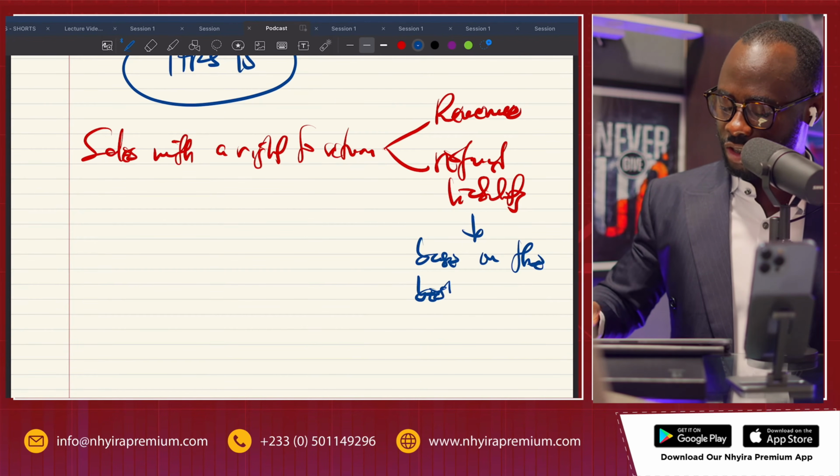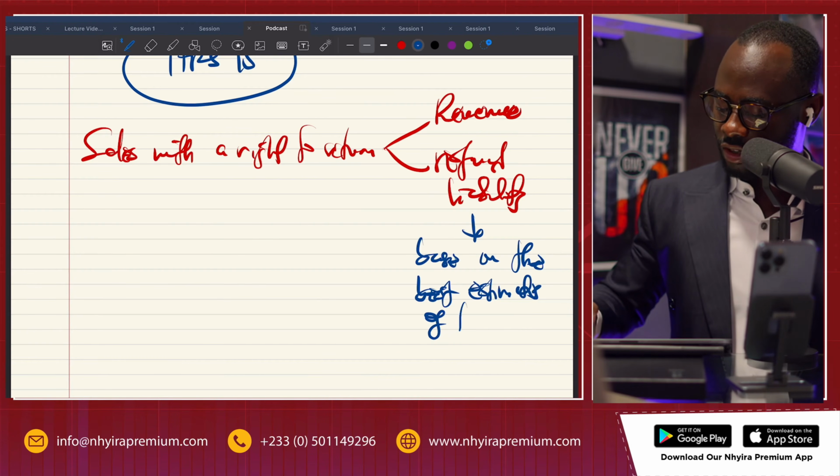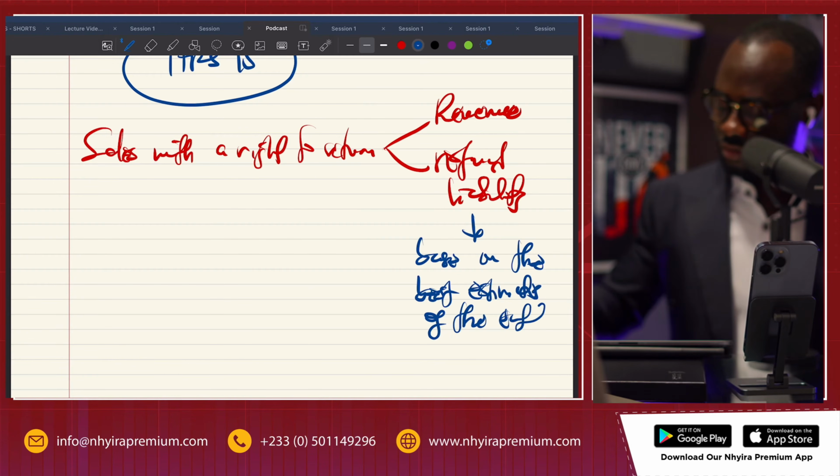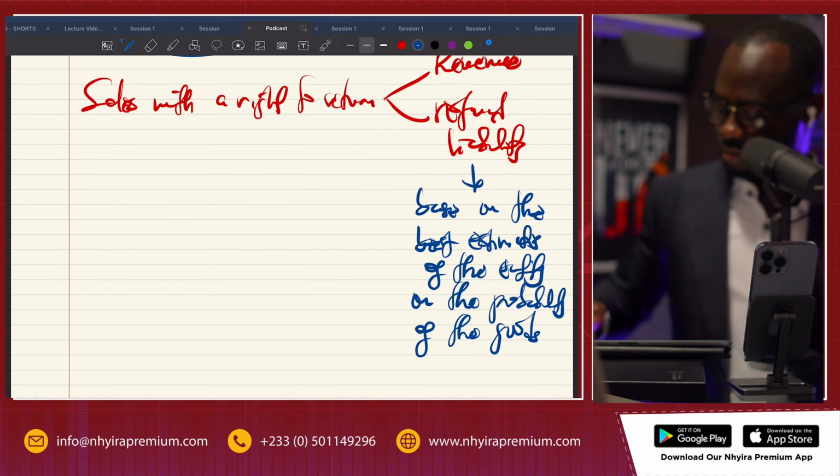So this is based on the best estimate of the entity on the probability of the goods being returned by the customer.